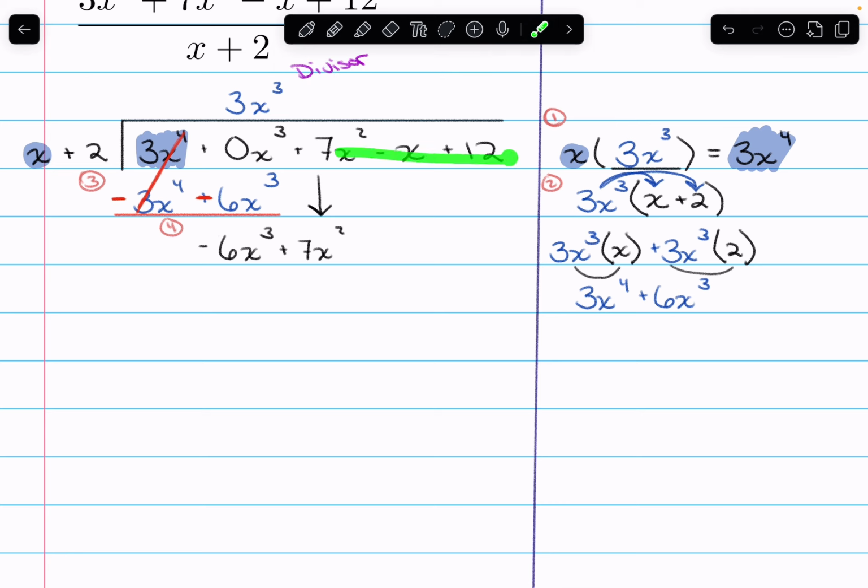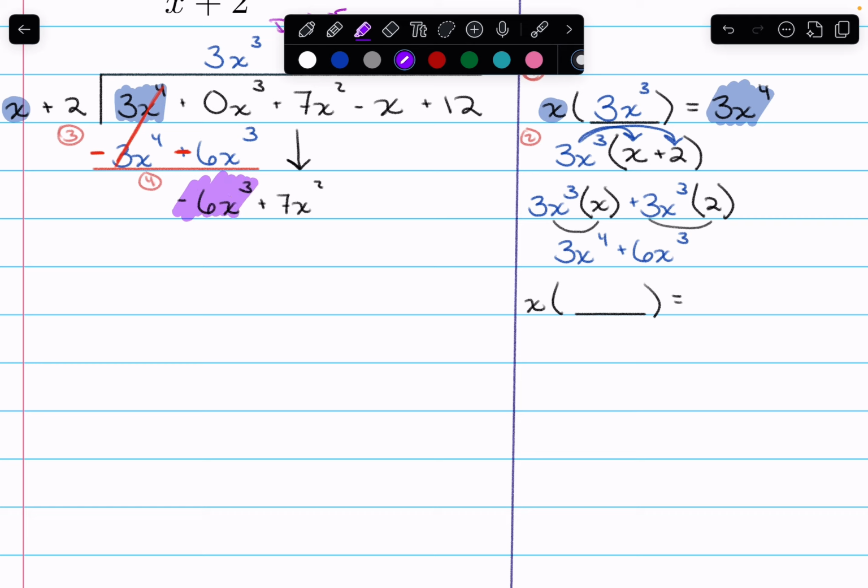So starting with step 1, I take the first term of my divisor, that's x. I'm going to multiply it by something to get the first term of my dividend. Remember, we got rid of this first term, so now this is our first term. So I want it to equal negative 6x cubed. Again, just so we keep our color coding, this was the first term of our divisor.